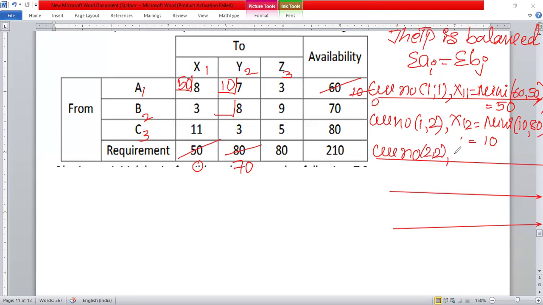Cell number 2, 2: x22 is equal to minimum of 70, 70. The minimum is 70. So this is also 0, and this is also 0. I told you before, at the end cell number 3, 3, that is the end point, we get the same number.